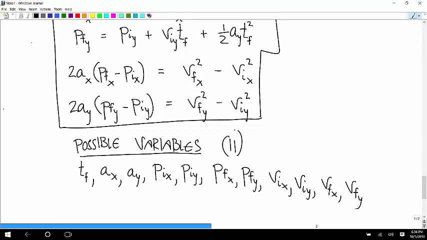And we're still just going to have to go through that list of variables one by one, thinking about which ones we know, which one we're trying to calculate. But it's obviously a little more time consuming now.